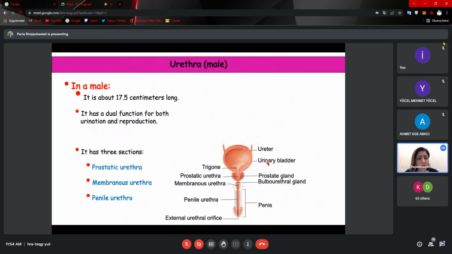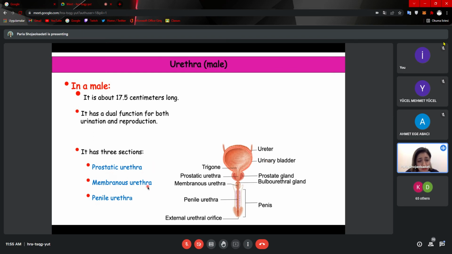Let's take a look at another topic. In the male, we have a long urethra. It's about 20 centimeters long. It has a dual function for both urination and reproduction, and it has three parts.